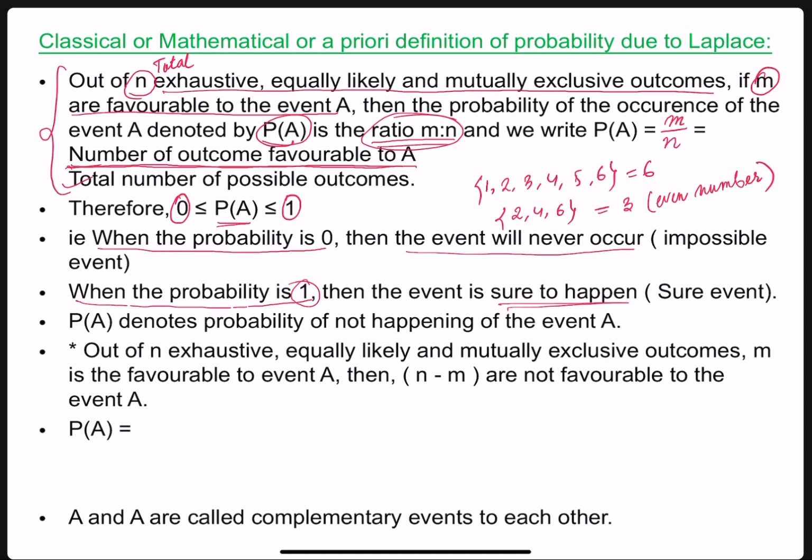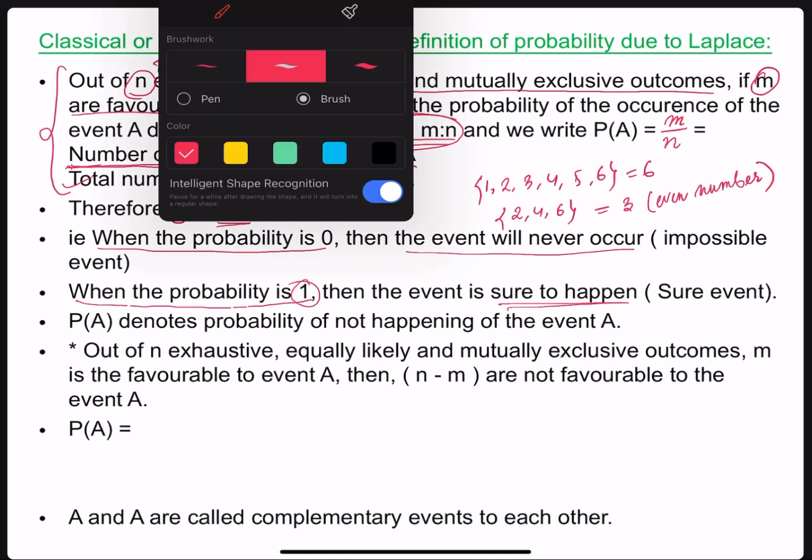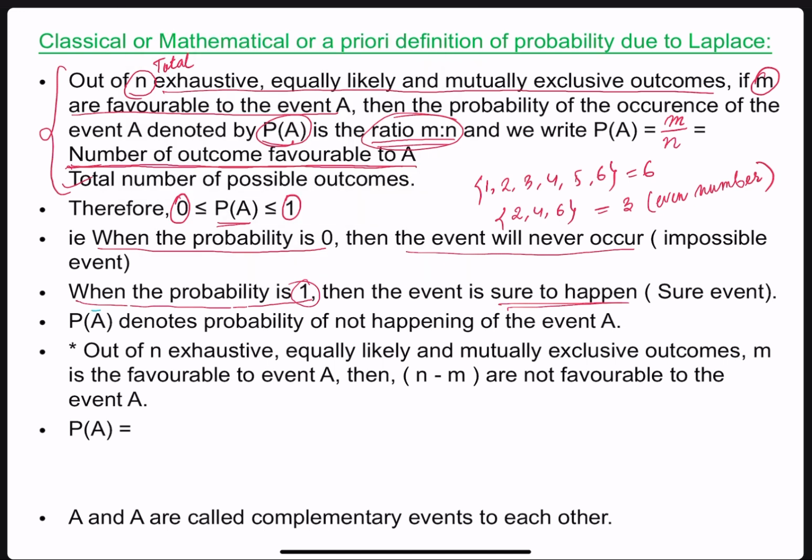Now, this is about the probability of happening. Let's see the probability of not happening. The probability of not happening of the event A is denoted by P of A bar.